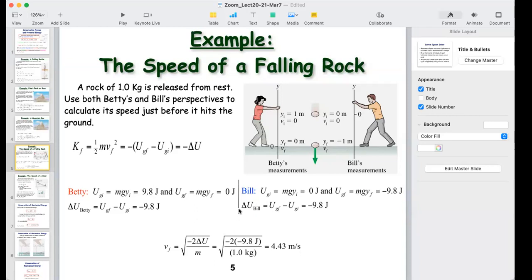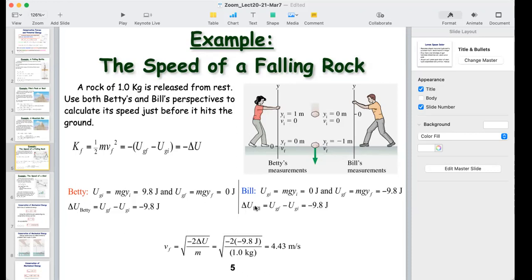But when we do delta U, final minus initial, in this case we have final, which is minus 9.8 joules, minus initial, which is 0. So you see that delta U is exactly the same for both reference systems, for both situations.